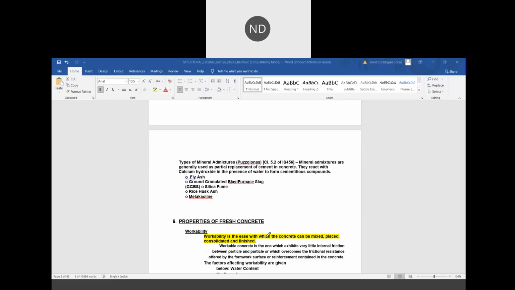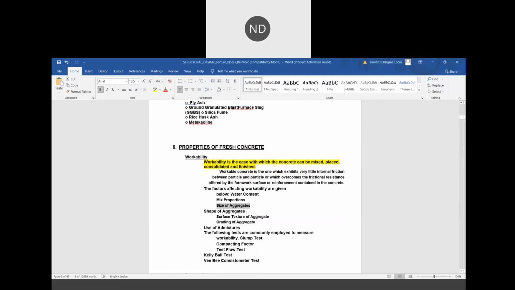Now whichever is smaller, this is smaller, so this is your maximum size of the aggregate. This is just an example, okay? Need not take 5 only or 7 only, sometimes it will be more, sometimes less. So this was your maximum size of aggregate in RCC. That means it's the smaller of these two, the main bars distance minus 5, or the clear cover minus 5, whichever is smaller.